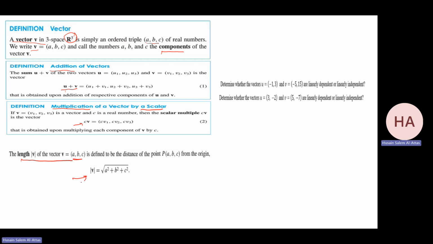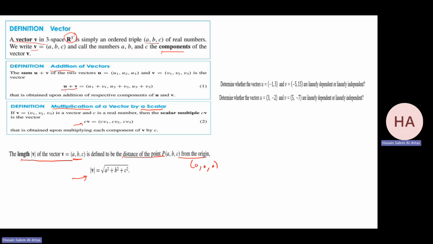It's the length or magnitude of the vector, which is the square root of A squared plus B squared plus C squared. The vector's length is the distance from the point to the origin (0, 0, 0), which is the square root of (A minus 0) squared plus (B minus 0) squared plus (C minus 0) squared.